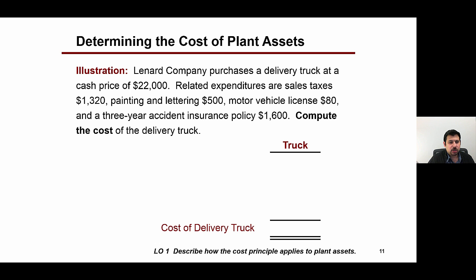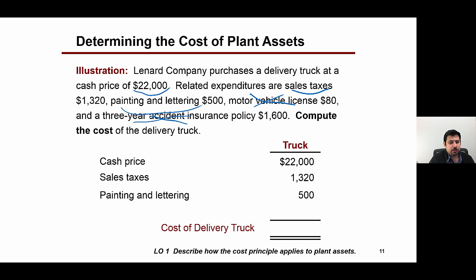The cost of the delivery truck would include the cash price, sales taxes, and painting and lettering. The motor vehicle license and the 3-year insurance policy will not be included. As a result, the cost will be $22,000 plus $1,320 plus $500, and that would be the total cost of the truck.